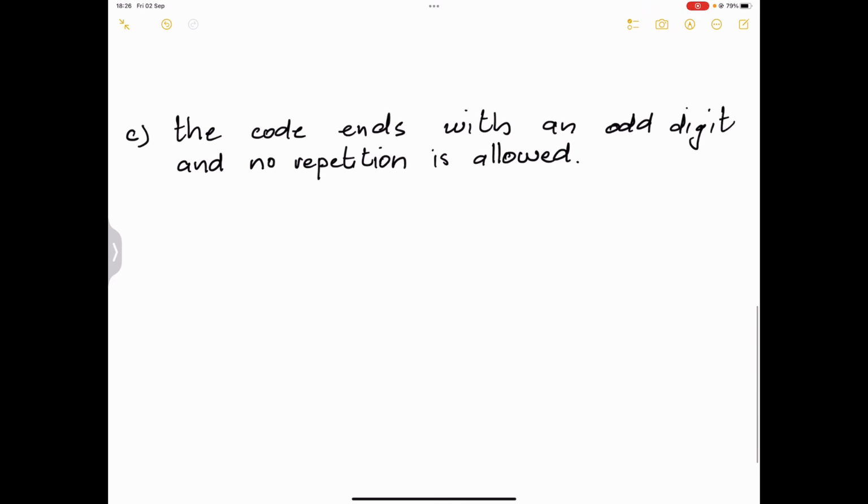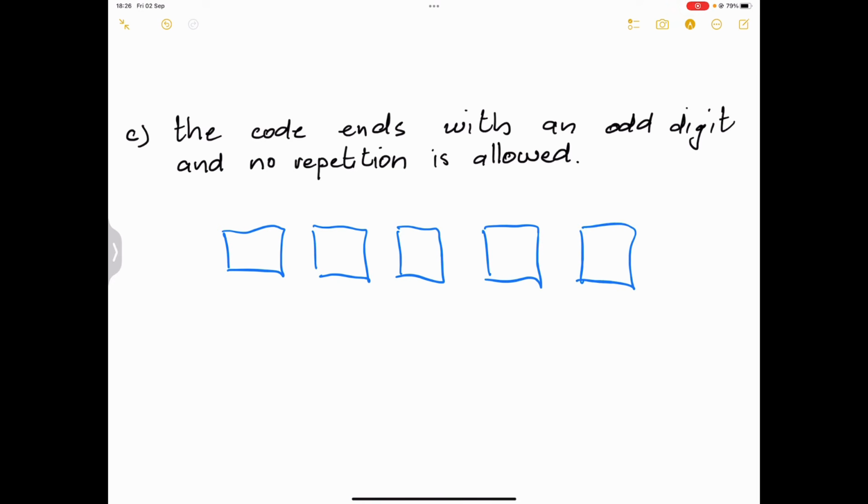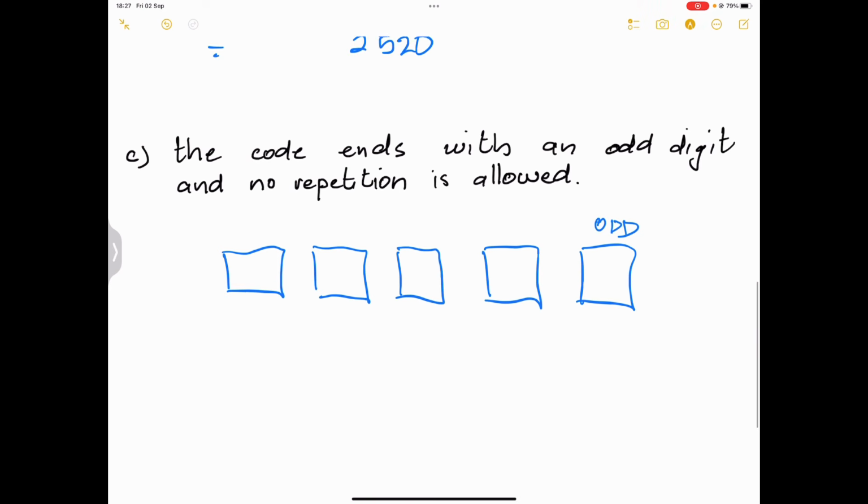Right, now they say to us that the code ends with an odd digit and no repetition is allowed. So remember, we've got 5 digits that we can choose from. Now, this is the last digit, and in this case, we know that the last digit has to be odd, right?